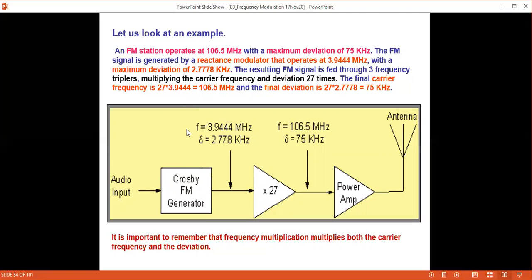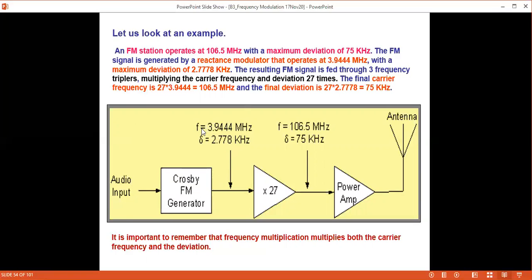Okay, so in this example, we have this FM station operating at 106.5 megahertz, deviation 75 kilohertz. So the FM signal is originally generated by a reactance modulator. So it operates at this frequency, 3.9444 megahertz, with deviation around 2.08 kilohertz. Okay, so this is the input to our Crosby FM generator, and then the output of the Crosby generator.